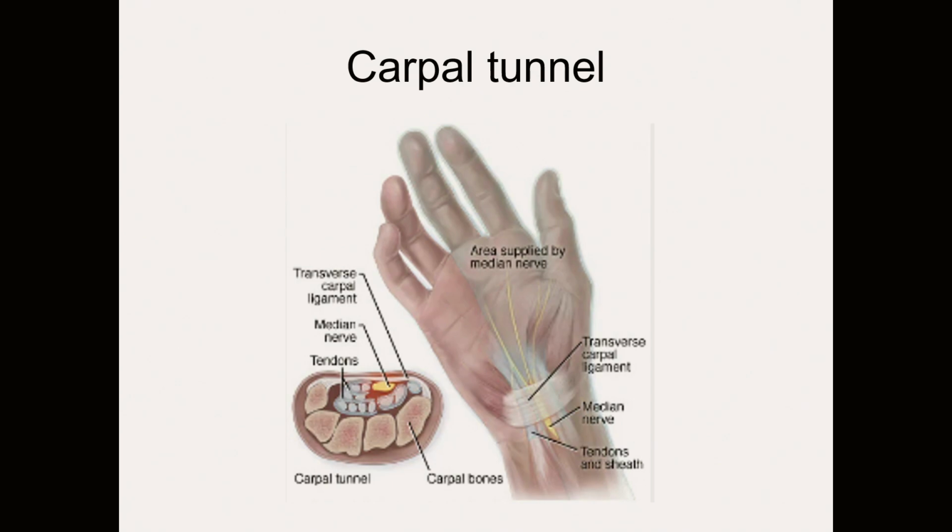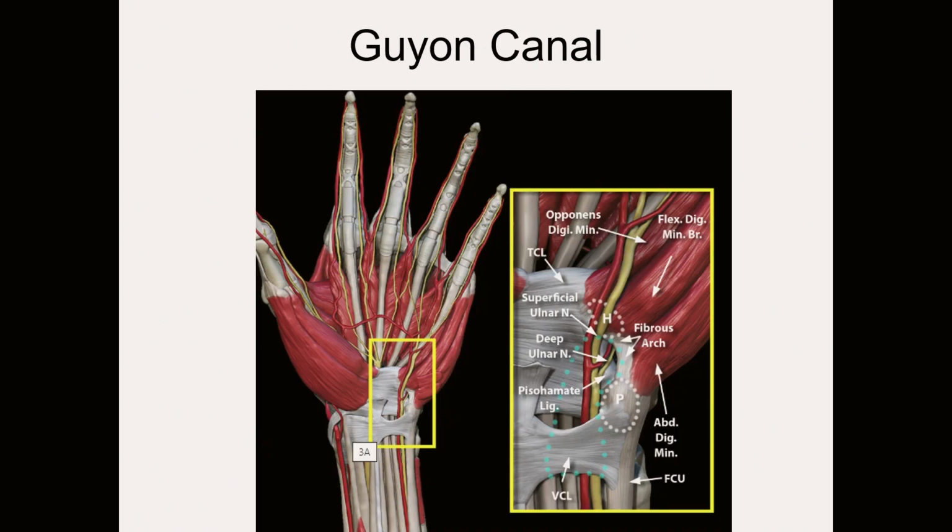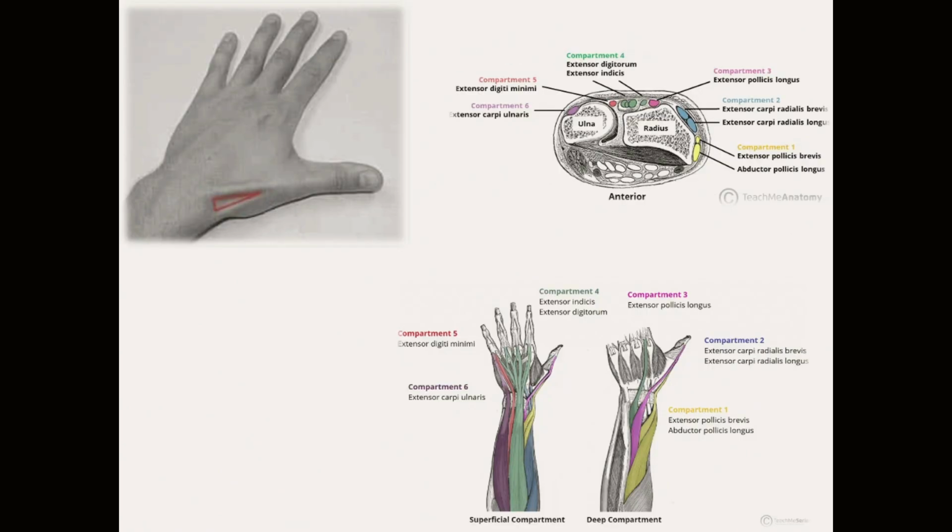Then there is the carpal tunnel. I'm not going into it, as all of you may know the anatomy. There is the carpal tunnel, there is Guyon's canal, and there are the 6 dorsal compartments.